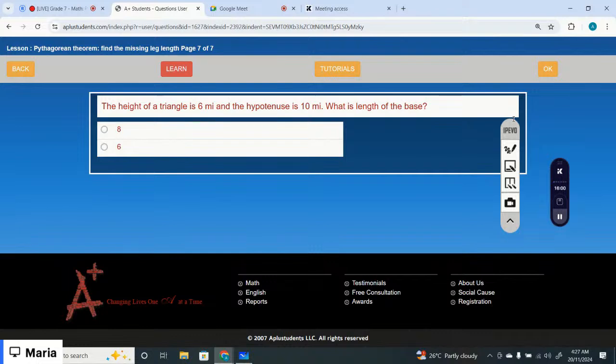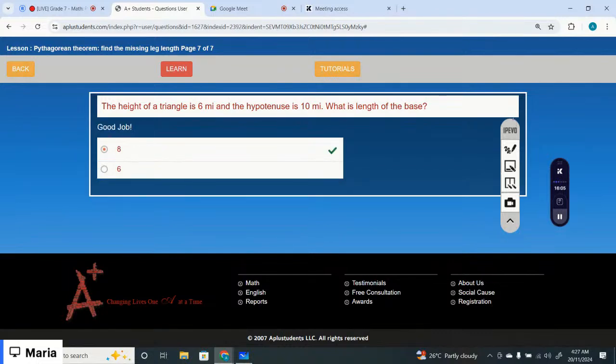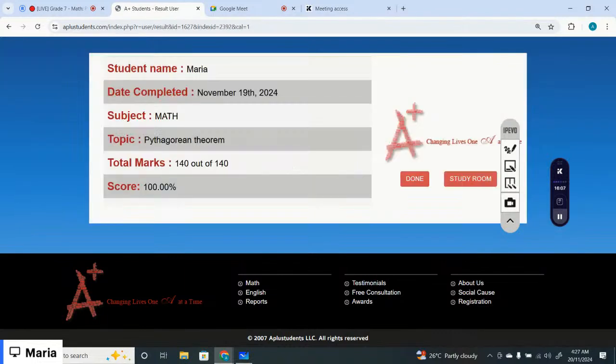Very good. Option number 1 is the correct option. Okay, we are done with the lesson. Let's just move on to next lesson.